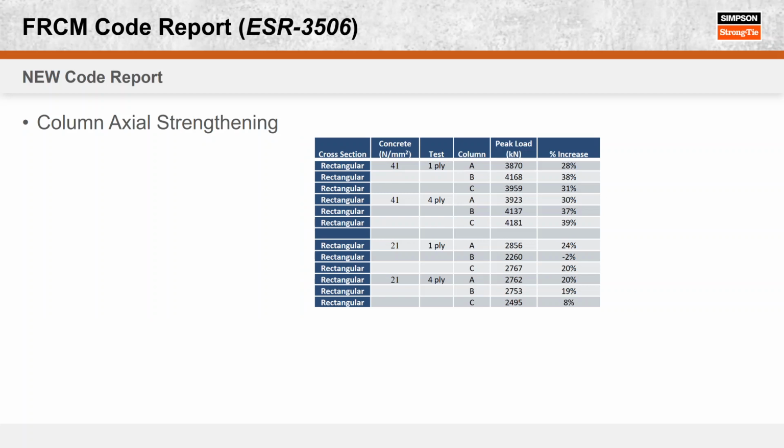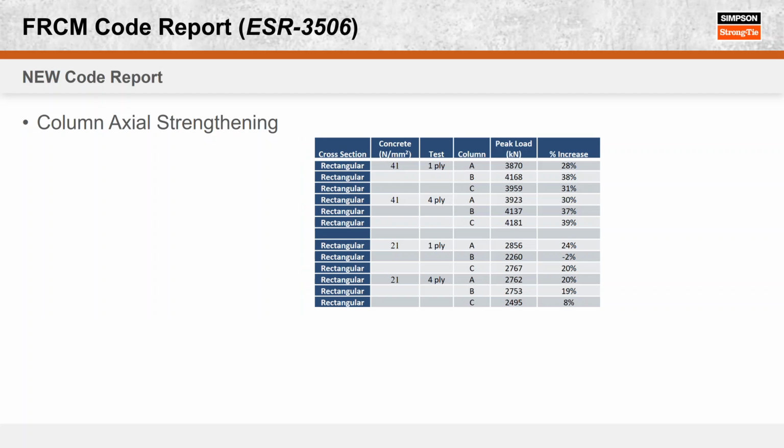But looking at it, it looks like the 4-ply on the bottom and the 1-ply are the same. So it doesn't really make sense to add 4 plies on a rectangular column.